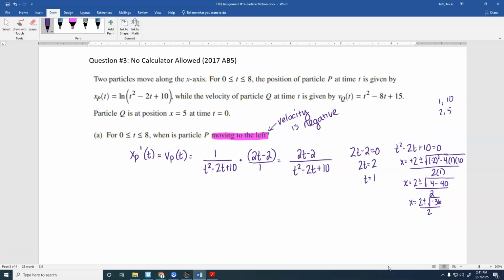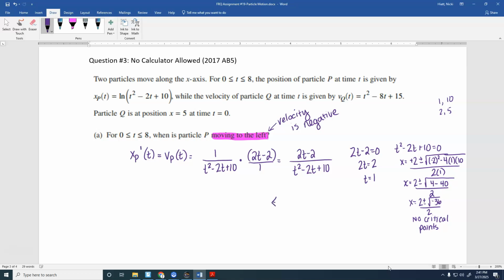So you get no critical points from that. If we got critical points, we would have to do something with it, but we didn't, so we're going to just skip that part. So we've got only one critical point, it is at t equals 1.